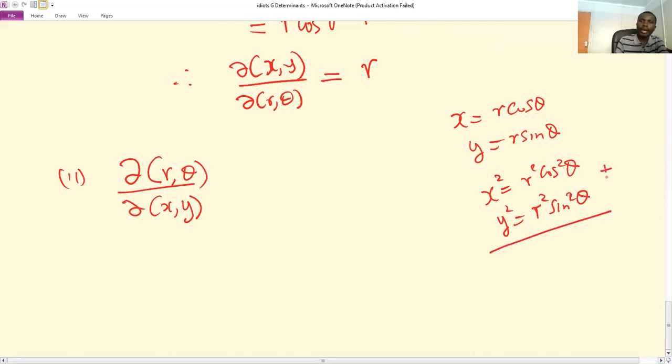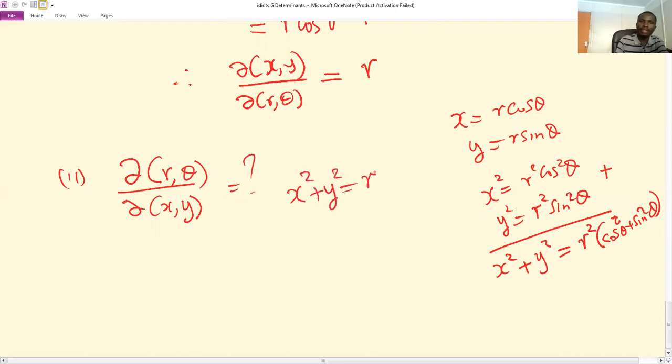When we add, we get x squared plus y squared equals r squared into cos squared theta plus sin squared theta, whose value is just 1. So that means in this transformation, x squared plus y squared is just r squared.